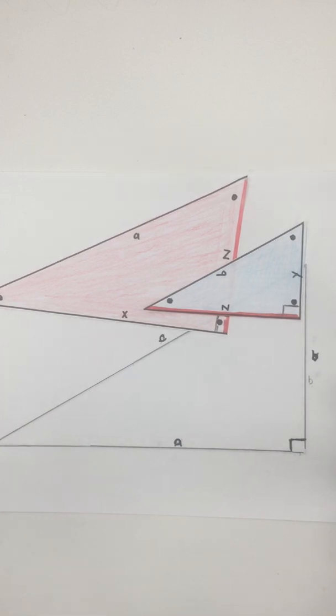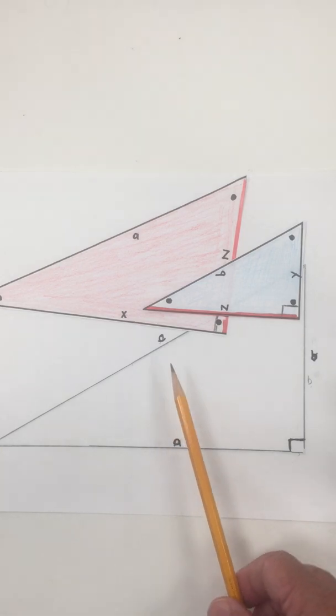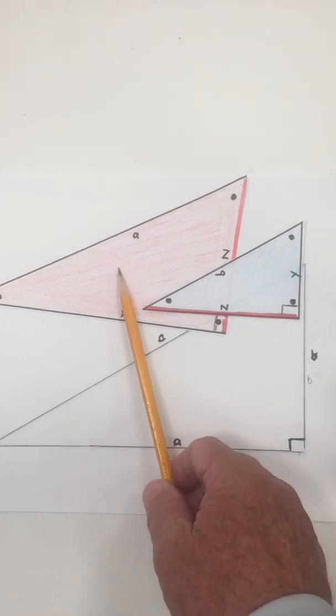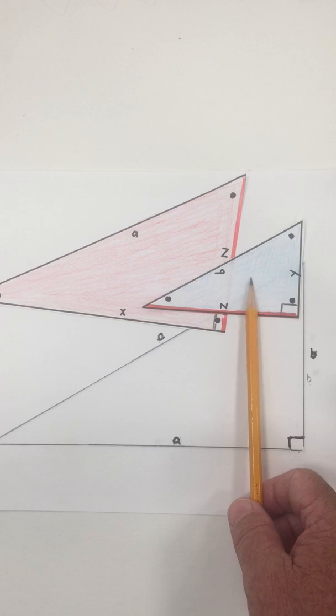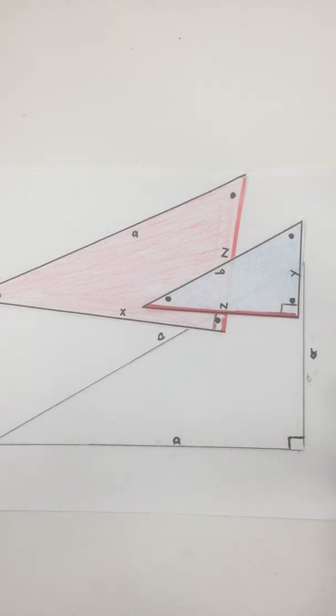So I would like for you to label, and for your answer go from the largest to the medium to the smallest triangle. For example, what is the hypotenuse?